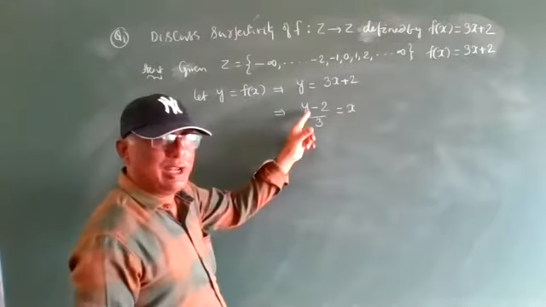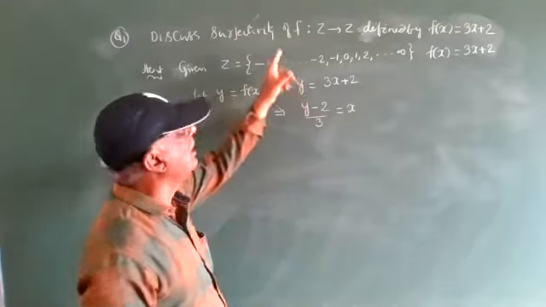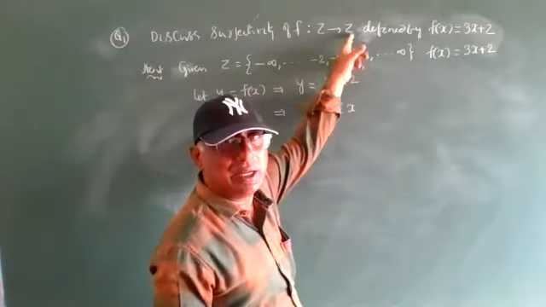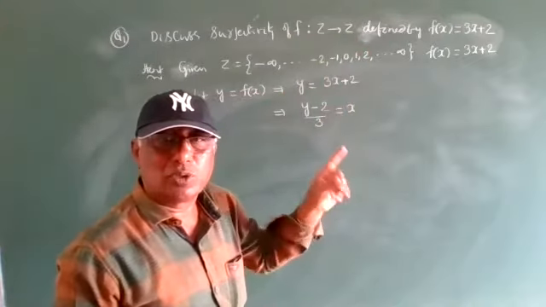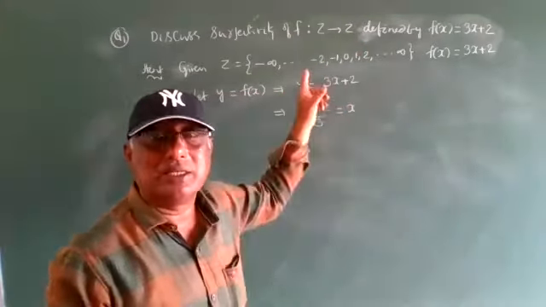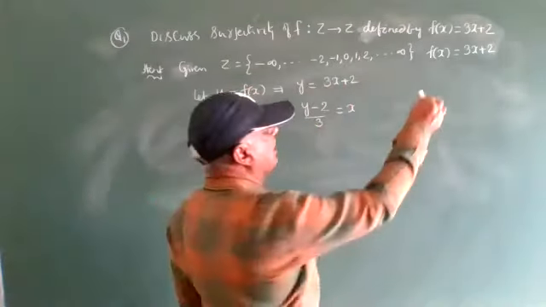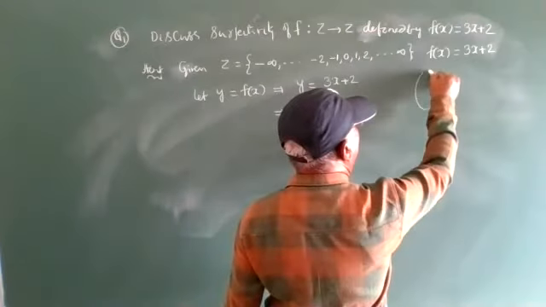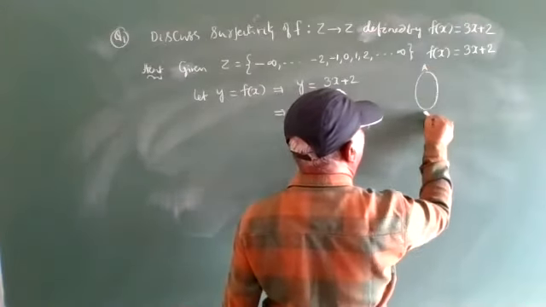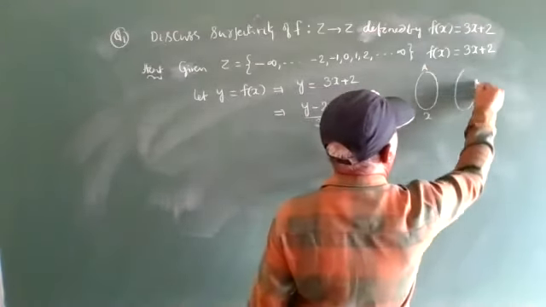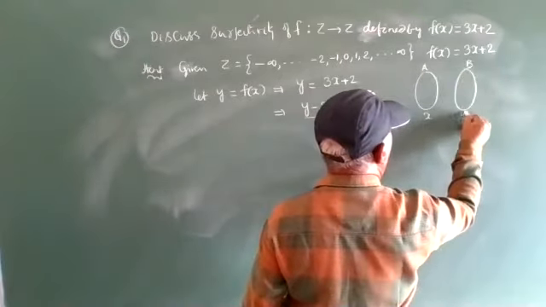Now the y values are integers. Substituting an integer value for y, we get an integer x value. Here the A set is the x values and the B set is the y values.